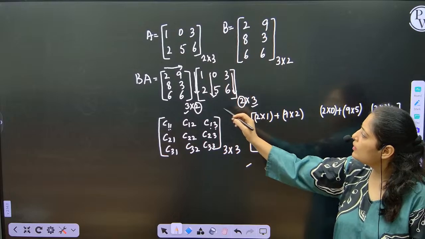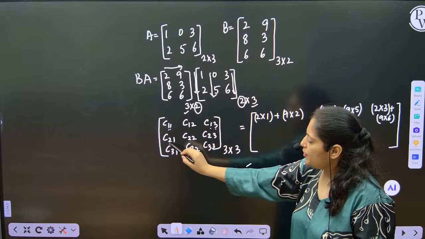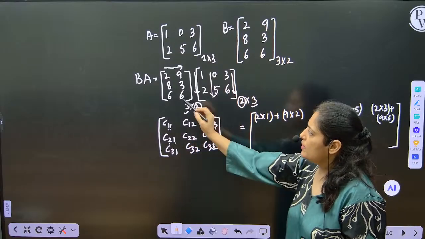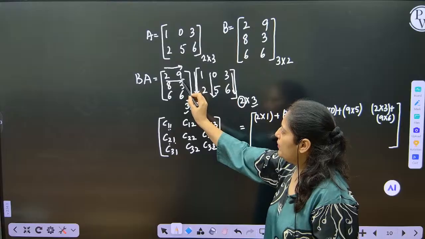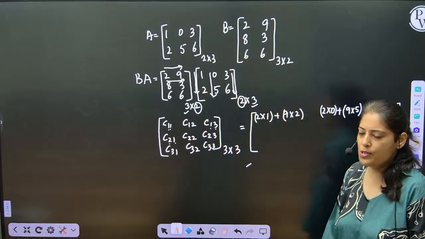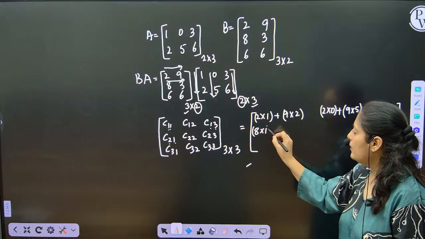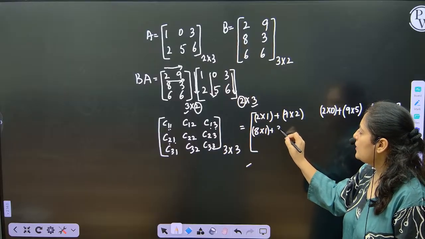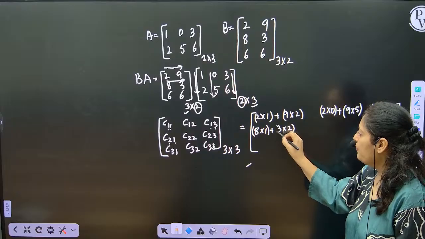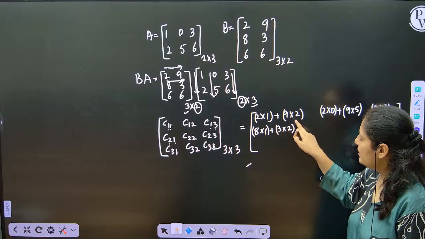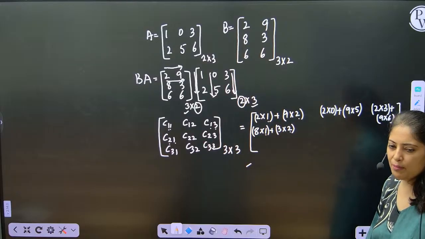Next, now second row, first column. Now we'll see all the second rows. 8 into 1 plus 3 into 2. You will see one thing: the first row elements will remain the same every time.